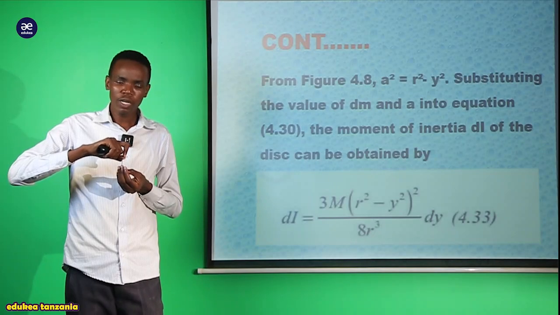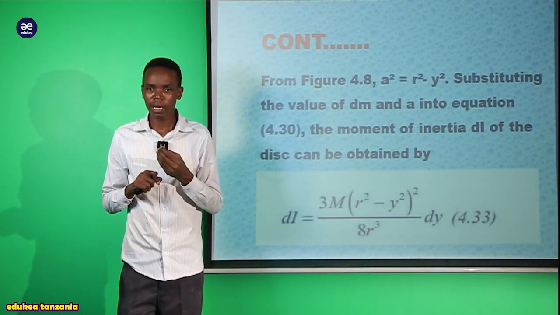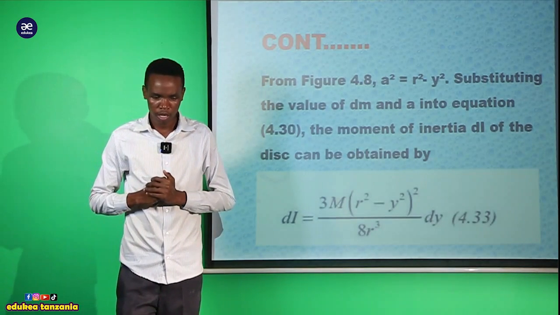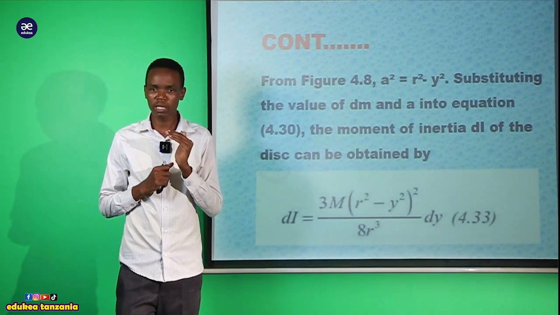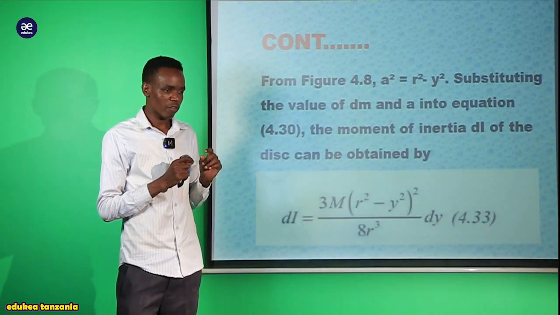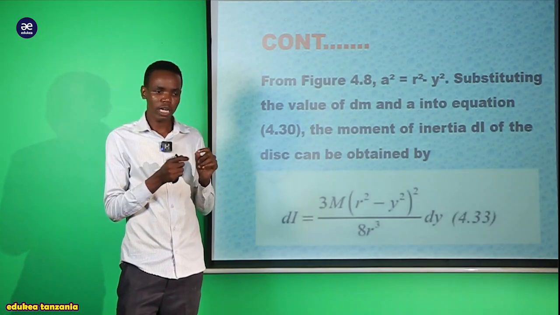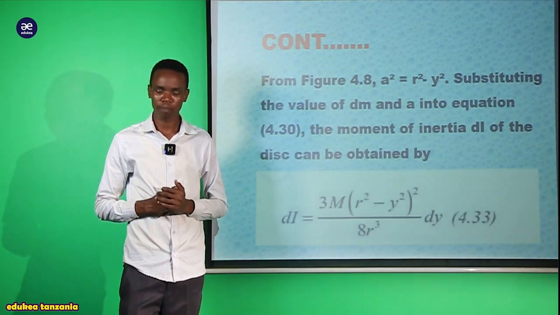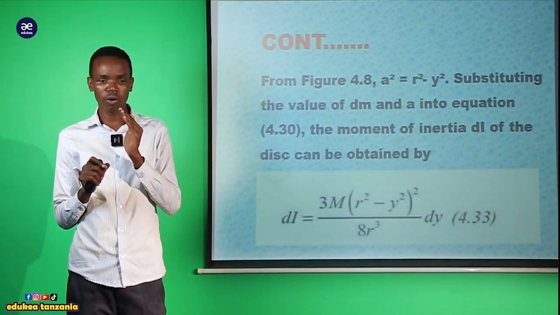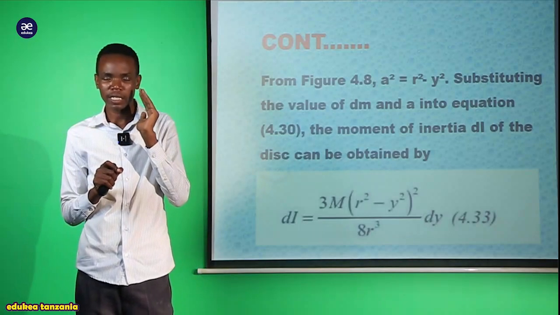If we take that triangle and recall the Pythagoras theorem, that a square plus b square must be equal to c square, that the hypotenuse squared must be equal to the adjacent squared added to the opposite squared. Now, for the relationship of the values on our triangle inside our solid sphere, we should say that r square must be equal to y square plus a square.